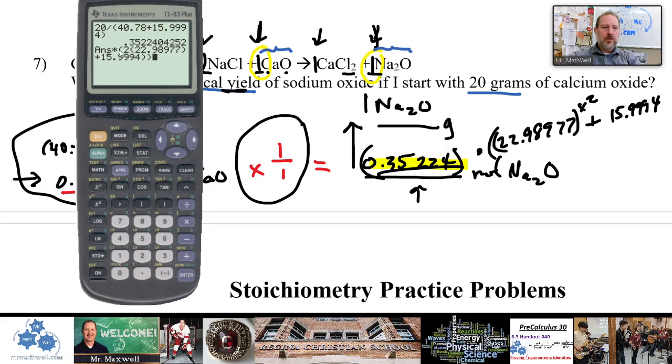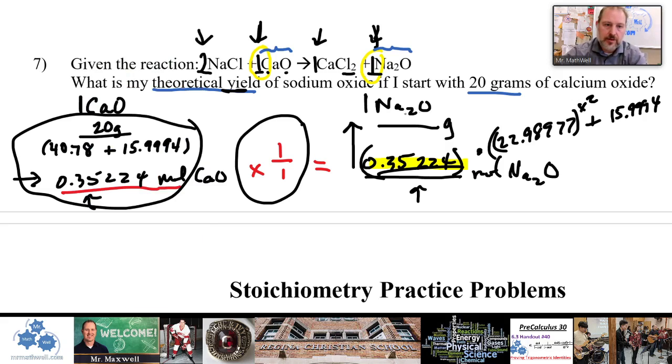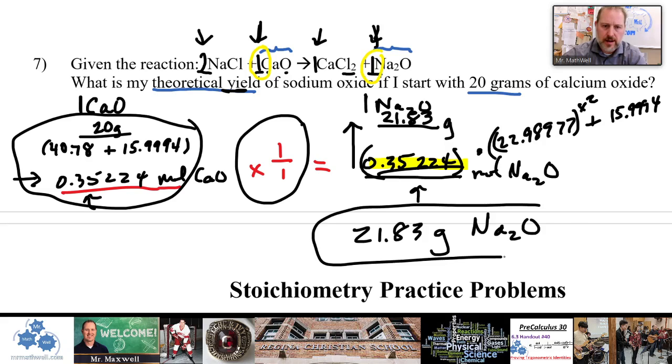If you have 2 left brackets, you should have 2 right brackets. Oh, good thing I double checked that. So that's multiplied by the grams per mole, and enter, I get 21.83 grams of Na2O would be your theoretical yield.